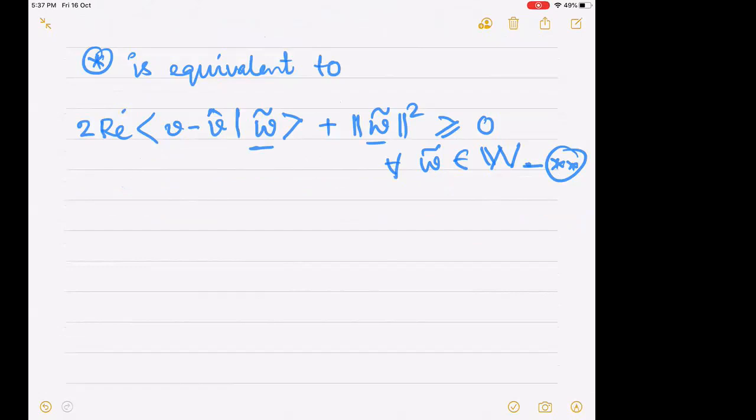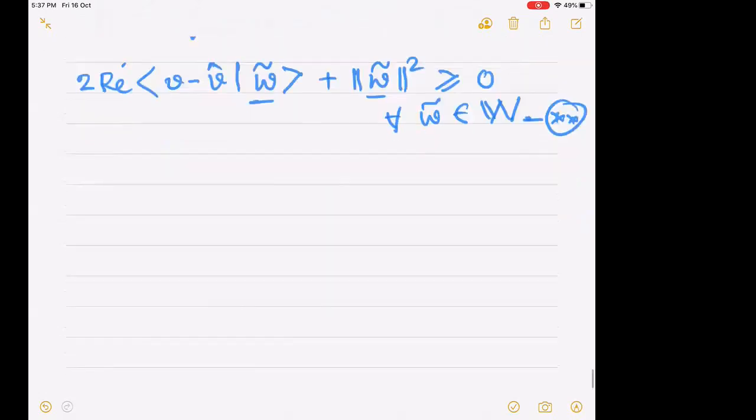What we will do is the following. Say W in W is arbitrary.